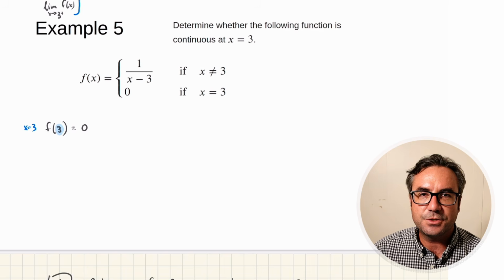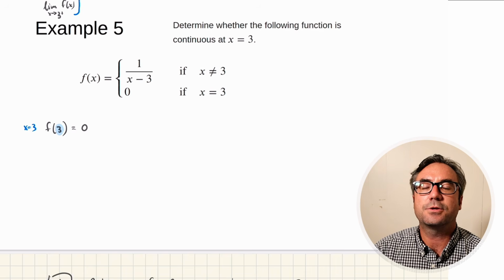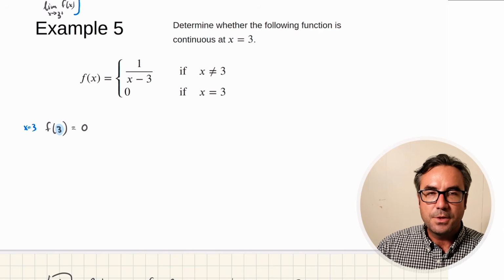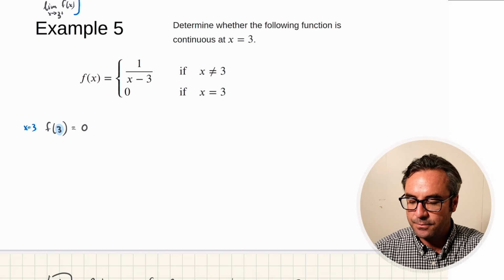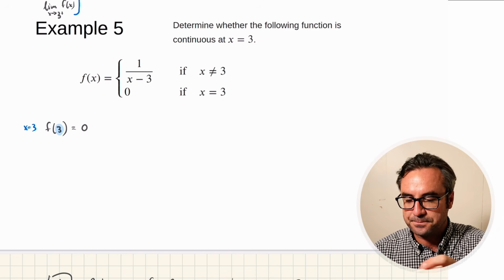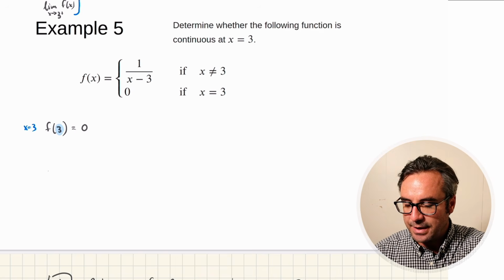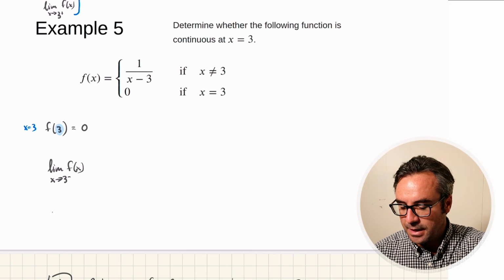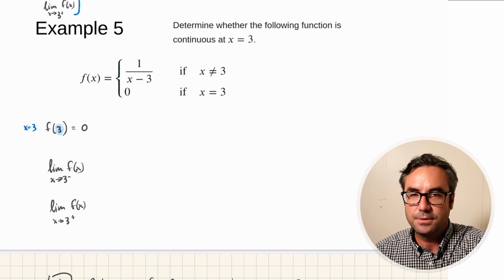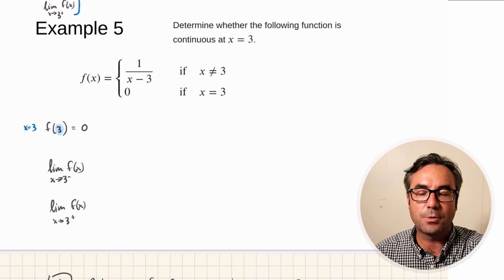So for this one we have to check the continuity going back to our limit definition. If we remember, there are really 3 things we need to check. We need to check our function value at the x value we're interested in. And then we also have to check the left-hand limit of our function, and the right-hand limit of our function, as our x value gets closer to that number we're interested in.